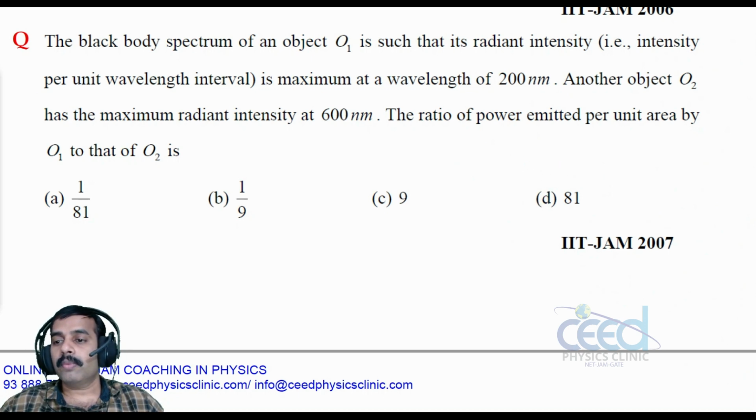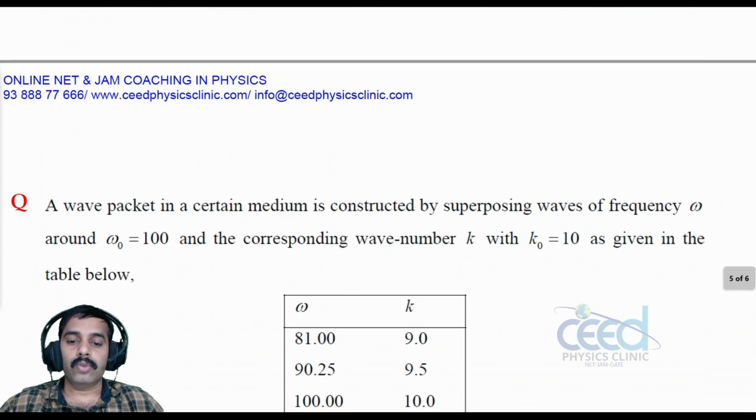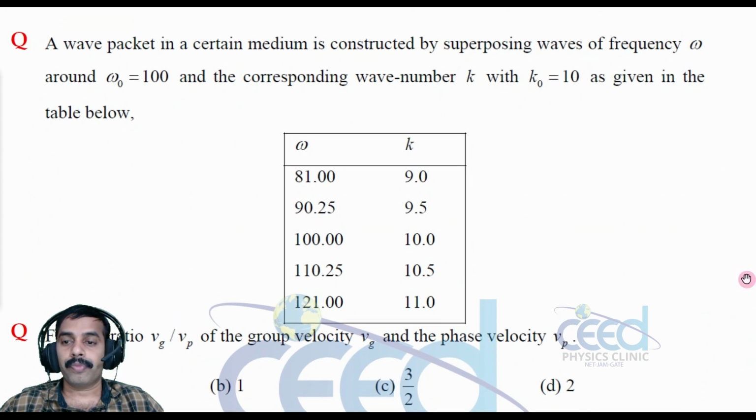Now let us come to another question. A wave packet in a certain medium is constructed by superposing waves of frequency omega around omega 0 equal to 100, and the corresponding wave number k with k0 equal to 10, as given in the table below. So omega and k are given, right?